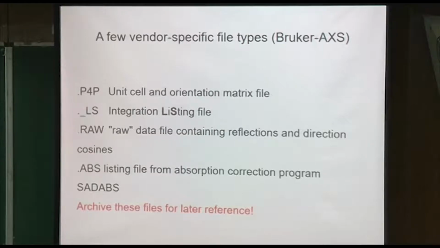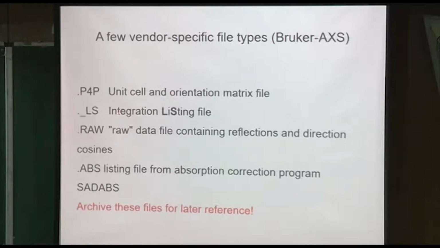If I'm finished with a structure, I don't necessarily save the whole data collection files, everything on my computer. I will put them on a hard drive somewhere else because those are really big files, gigabytes. But the ones that you should probably keep together, I would say keep P4P, which is the output from XPrep.